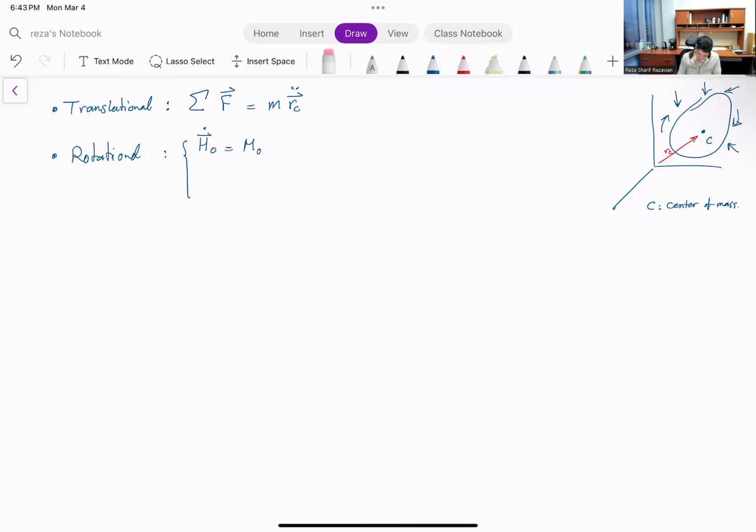To be more analogous to the top one, the sum of moments about some fixed point O equals the rate of change of angular momentum, H dot about O, or we can write the same equation about the center of mass, M_C equals H dot C.